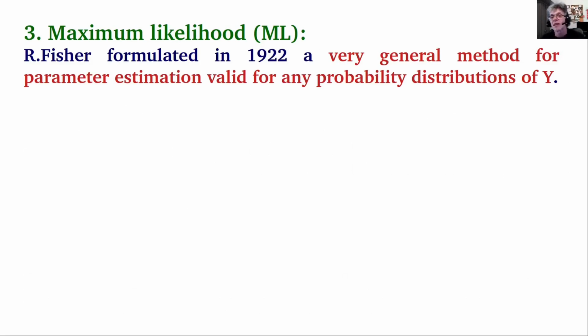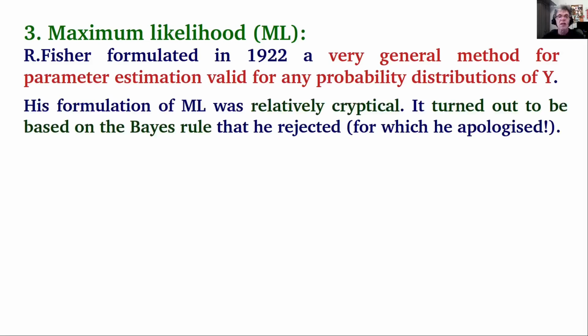Fisher formulated in 1922 a very general method of parameter estimation for any probability distribution associated with the response variable. His formulation of the maximum likelihood was relatively cryptic. The 1922 paper is very long, substantial, important, essential, but it's very difficult to gauge where and how Fisher developed the maximum likelihood method.